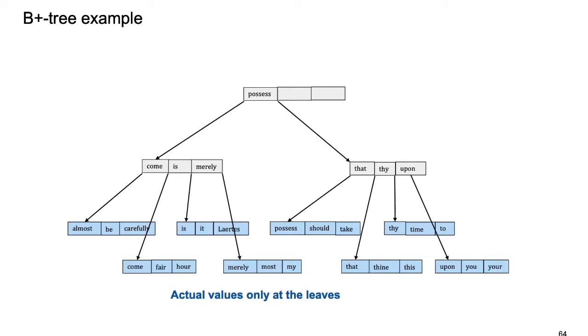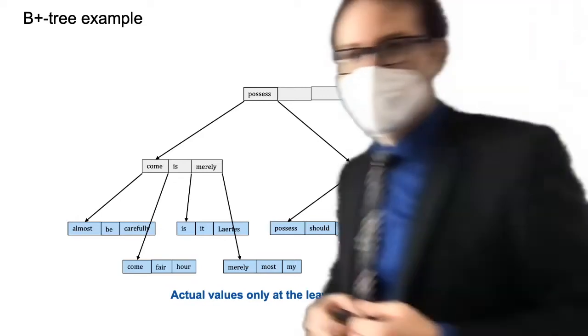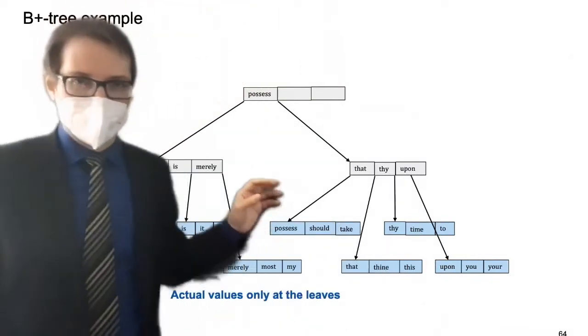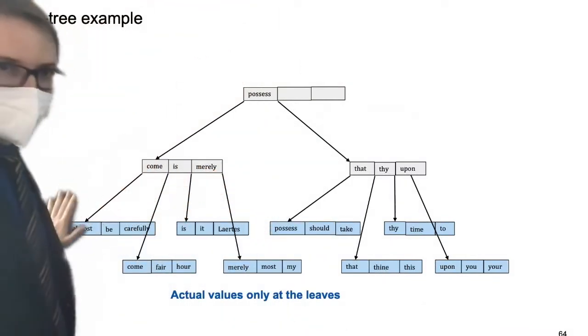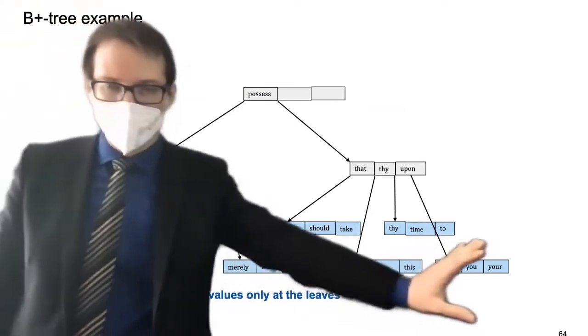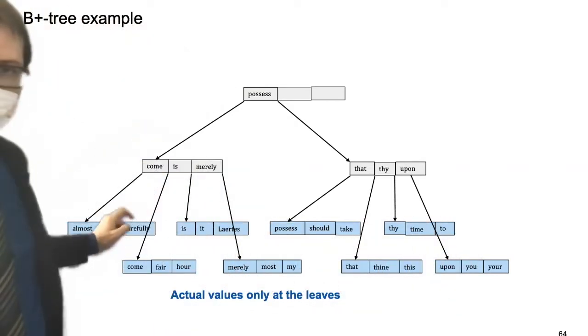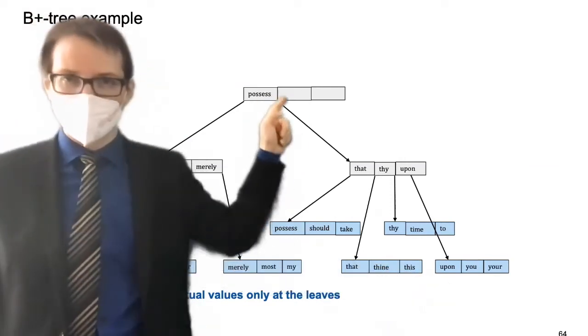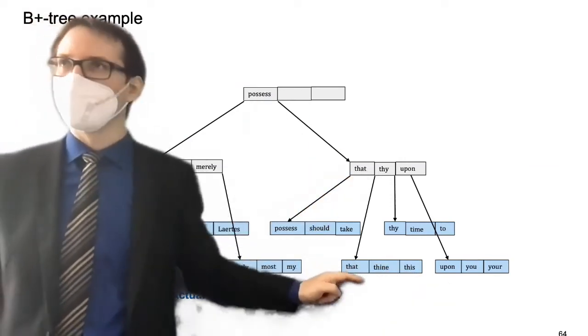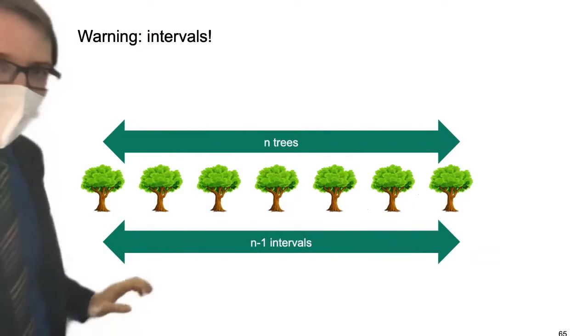This is why it's called logarithmic, and we love it in big data when we have logarithmic lookup times. You see that here you have an insane amount of values, but you only need 3 comparisons to find any value in here. It's 1 comparison here, 1 here, 1 here, roughly.